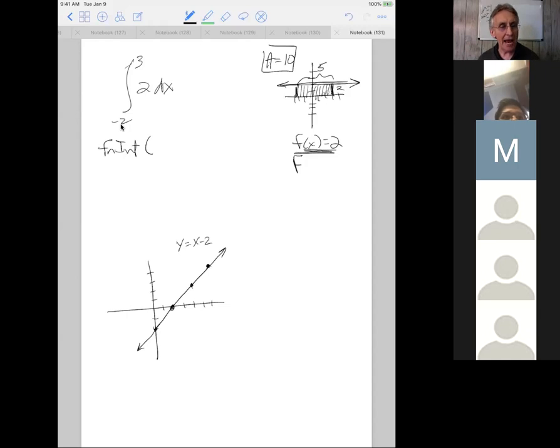Those of you with the 83, when you hit enter, you're going to have that at the top of your screen. But those of you with a TI-84 should have an integral symbol.